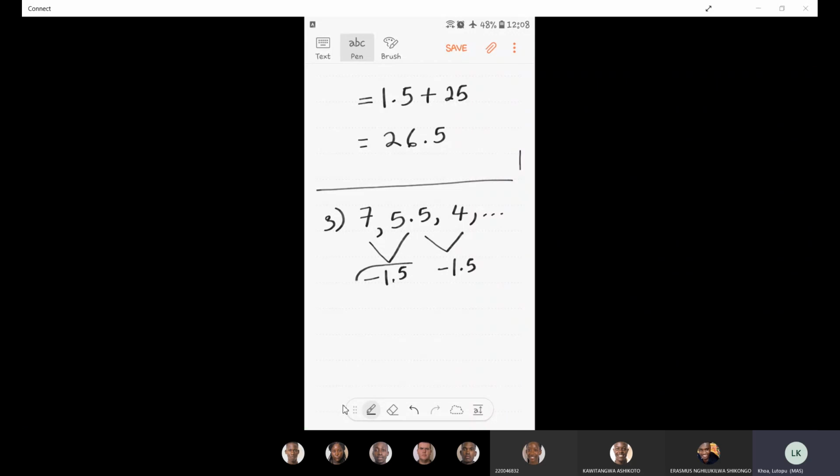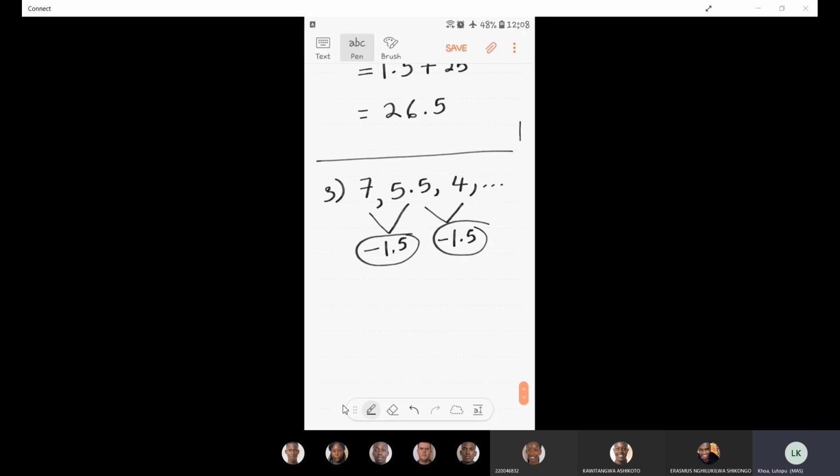So the common difference is the same. So this is in fact an arithmetic progression. So it's important to check that it is an arithmetic progression. And then what you do, we know that D is equal to negative 1.5. So my working here is just 7, not 7, it's 5.